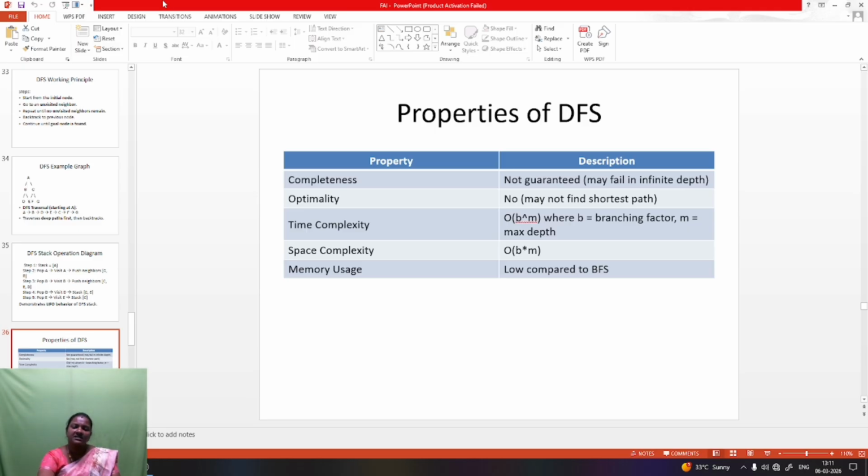Because in BFS we have to visit each and every node, that algorithm requires a lot of memory space. In DFS we travel only in the deepest way, so it uses low memory compared to BFS.